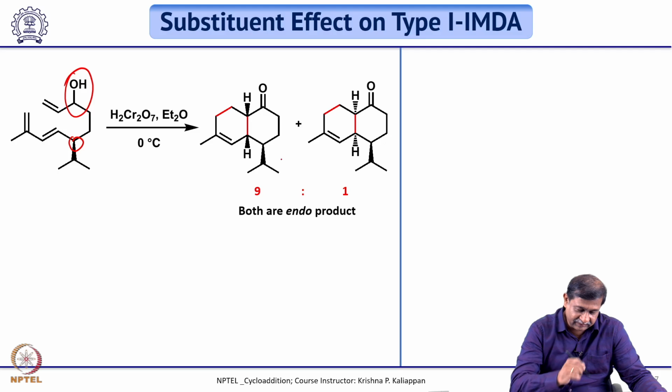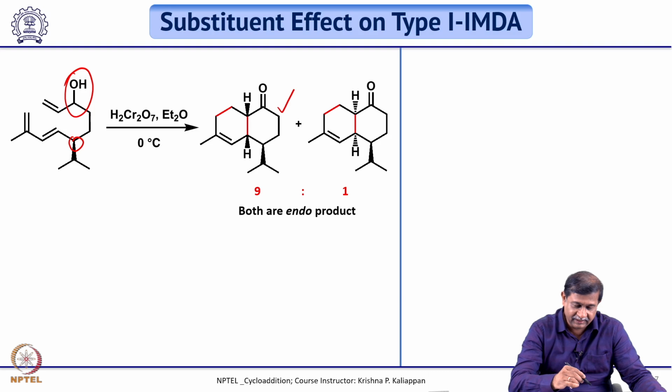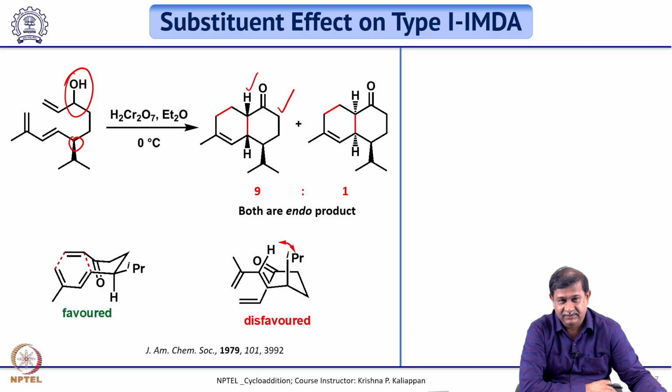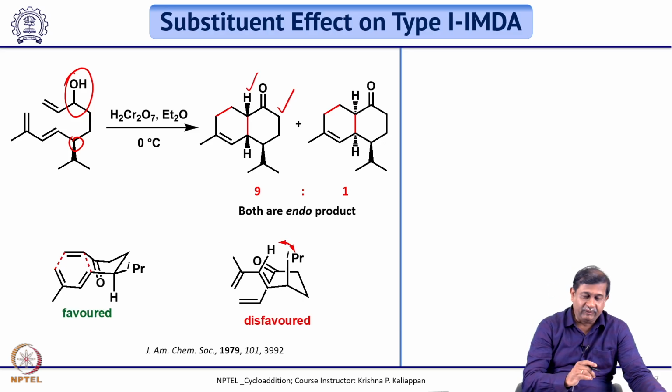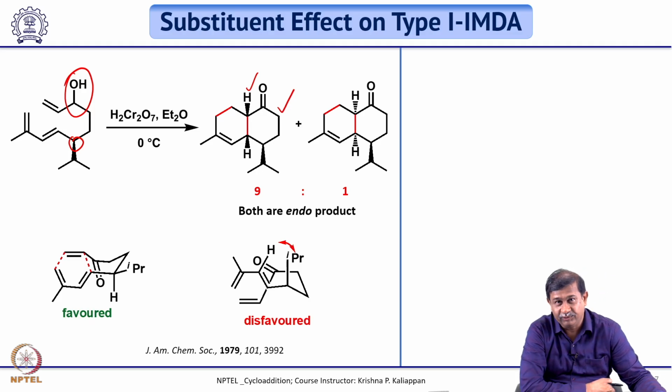In that, this particular isomer is the major product. You can see both are cis, but this is the major product. Why? There is a preference. If you look at the transition state, you have to account for the bulky isopropyl group.